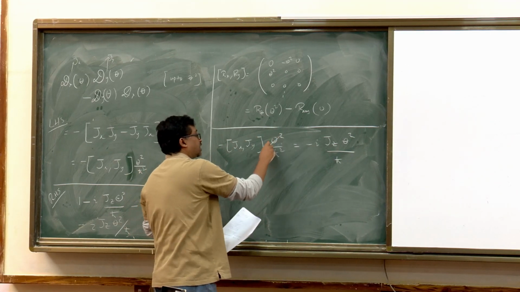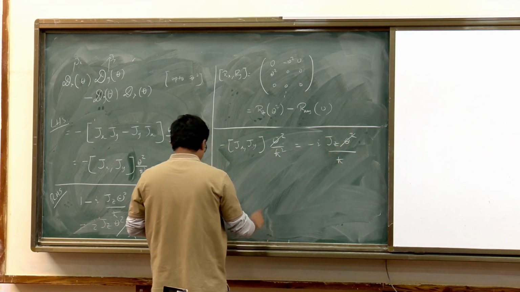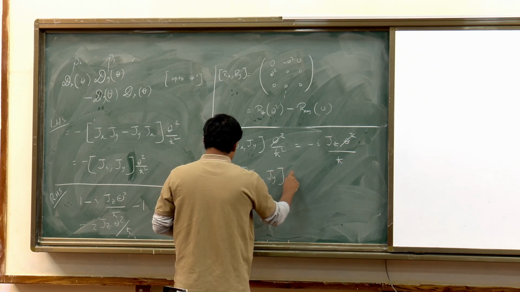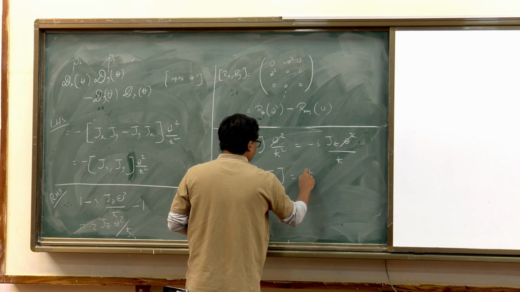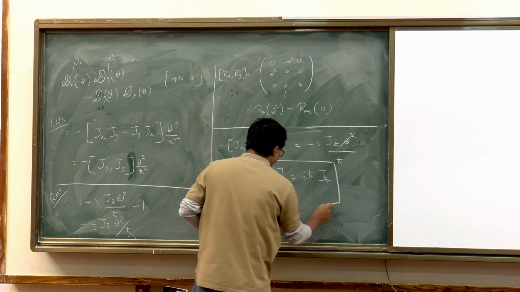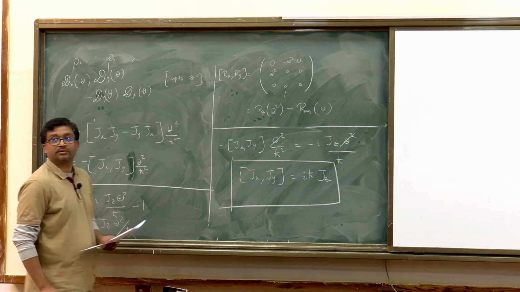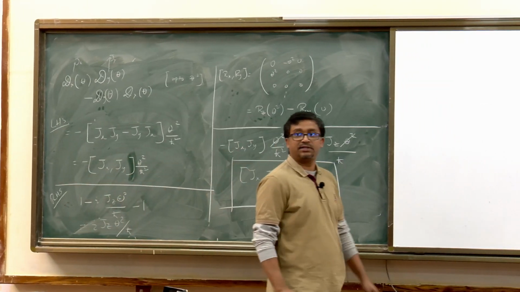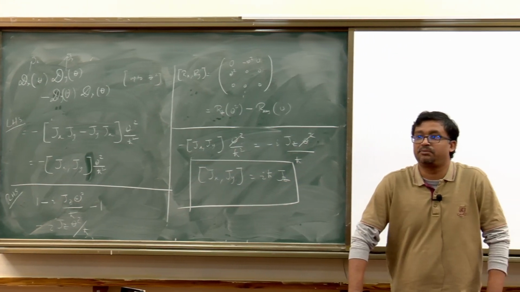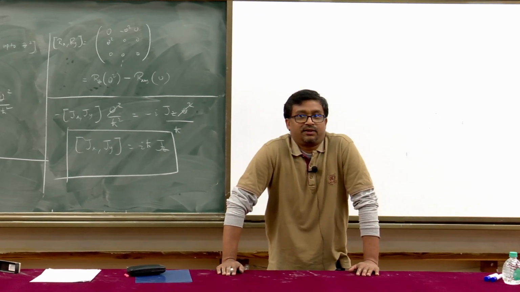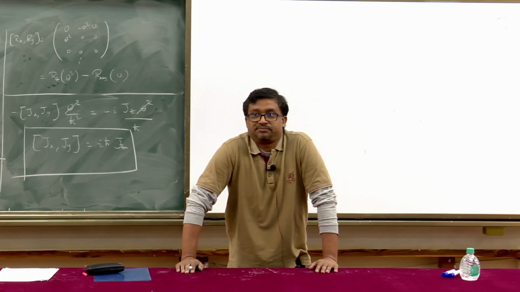So the theta square cancels out and we get the commutator of Jx and Jy is equal to i h bar Jz. That is the relation you possibly have seen a million times. That's how you derive it.